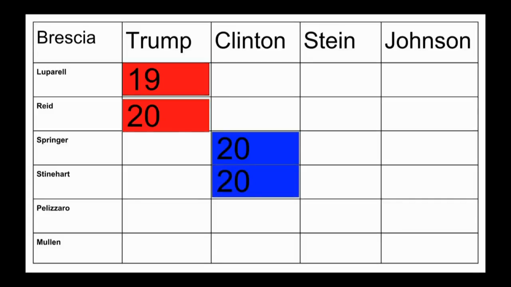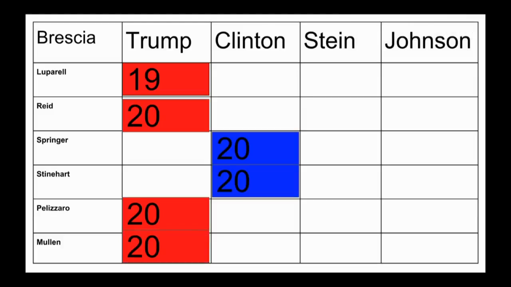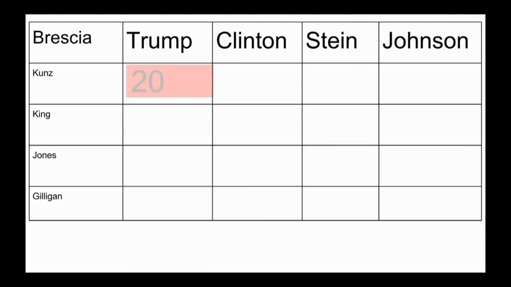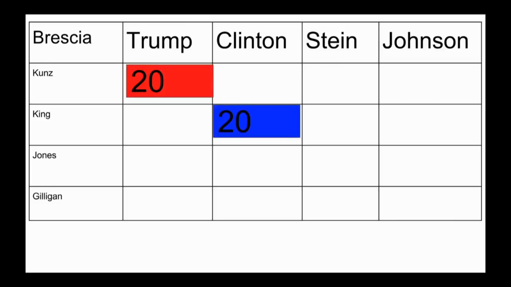Steinhardt's advisement, the majority also voted for Clinton, so all 20 once again. Pellizzero, 20 for Trump. Mullen, 20 for Trump. Coons, 20 for Trump. King, all of her electors went to Clinton, and Jones went for Trump.